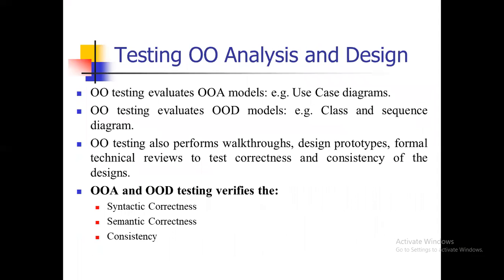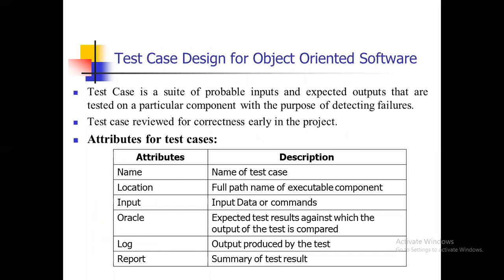In today's session, we are going to see about test case design for object oriented software. Here a test case is a suite of probable inputs and expected outputs that are tested on a particular component with the purpose of detecting failures. So we are going to design a test case for a particular component for detecting failures, or whether there are any bugs in that particular software.